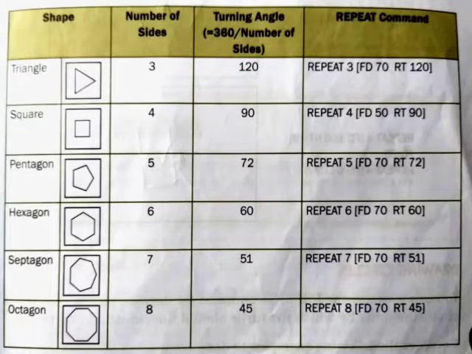Triangle, number of sides are 3. So turning angle will be 120. And how we will write repeat command? Repeat 3 in bracket FD 70 RT 120. Bracket closed.